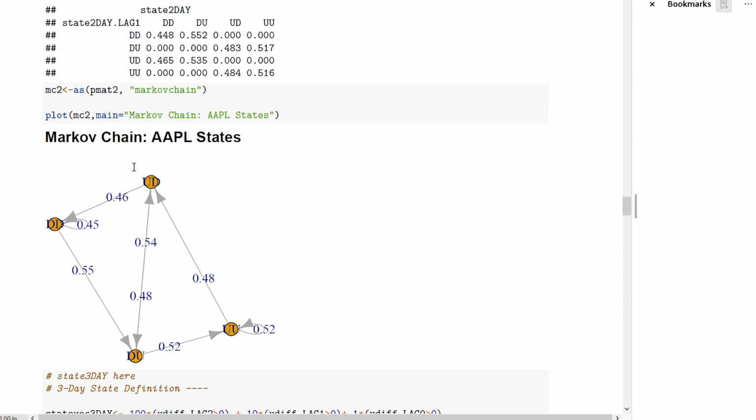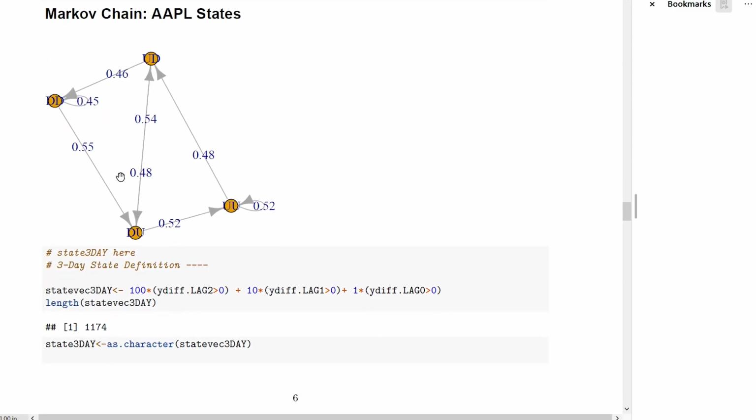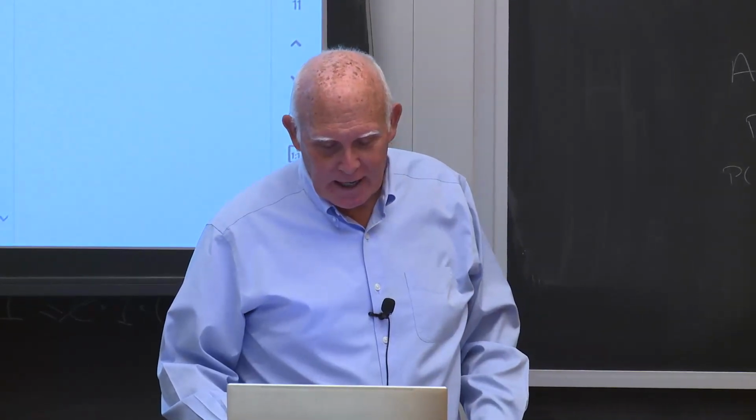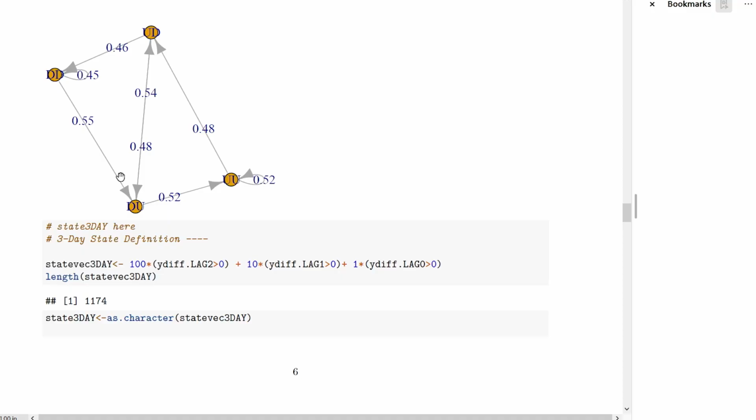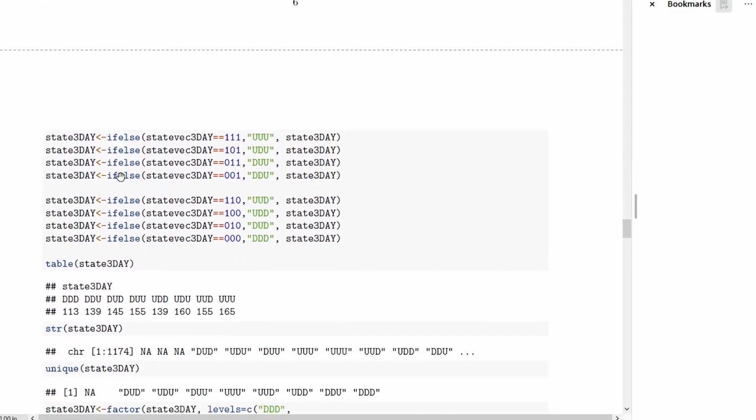So there tends to perhaps be reversals from double down days and a continuation of up days, as suggested by these graphs. Now, with this example, I thought, well, maybe there would be some interesting structure if we defined 3-day states. And so the same logic gives us 8 states of up or down on 3 successive days.